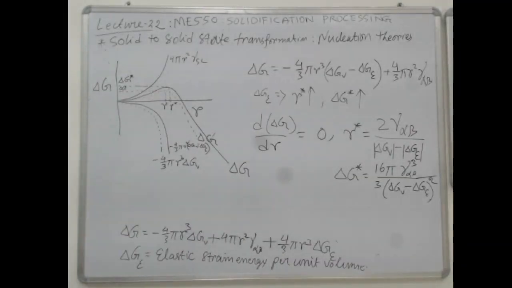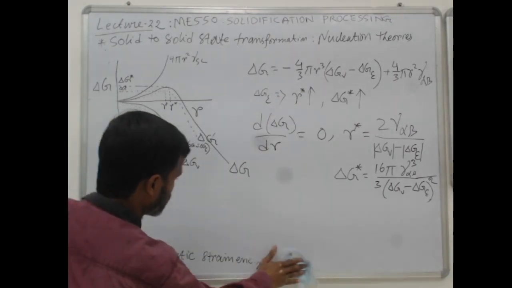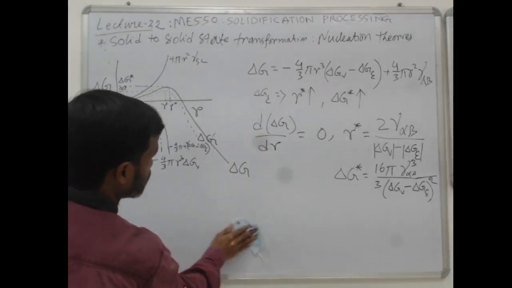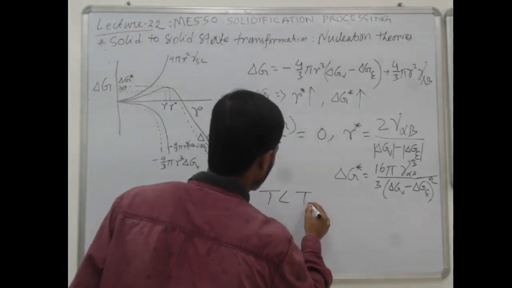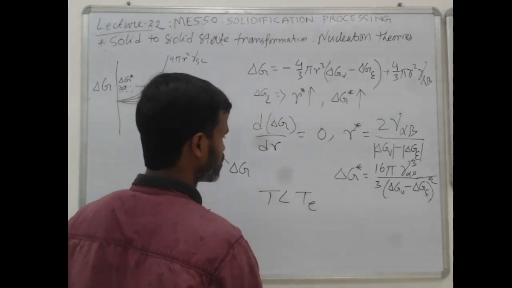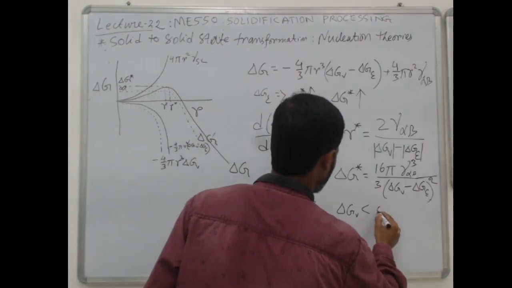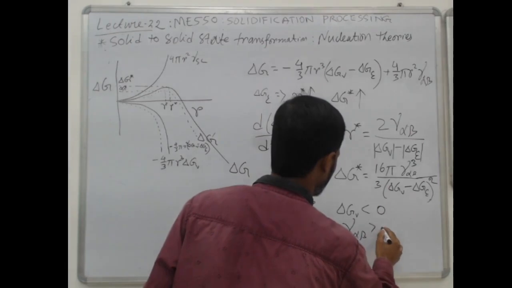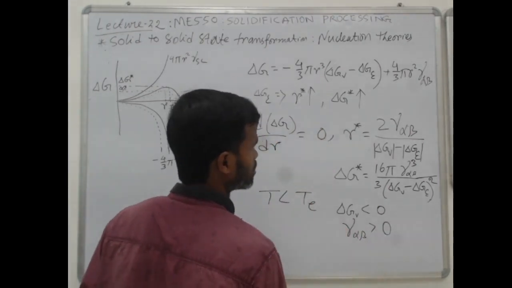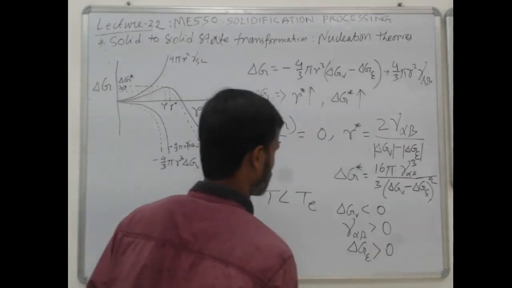Now, note one thing, as I said, at T less than the equilibrium temperature or the transformation temperature, we have already considered delta GV will be negative, gamma alpha beta will be positive, and delta G epsilon will be greater than 0.